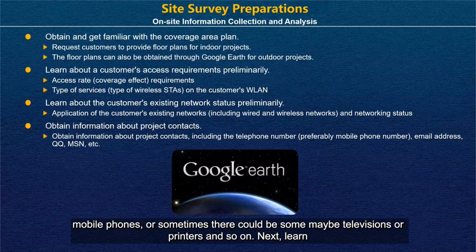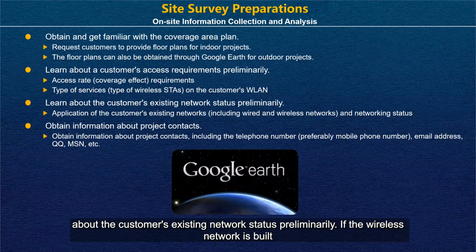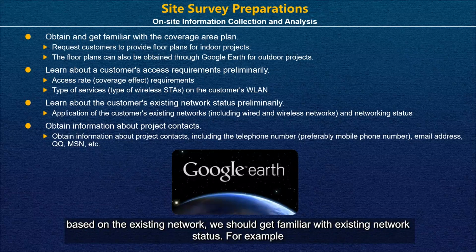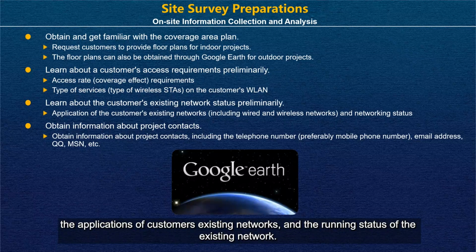Next, learn about the customer's existing network status preliminarily. If the wireless network is built based on the existing network, we should get familiar with the existing network status. For example, the applications of customers' existing networks and the running status of the existing network.